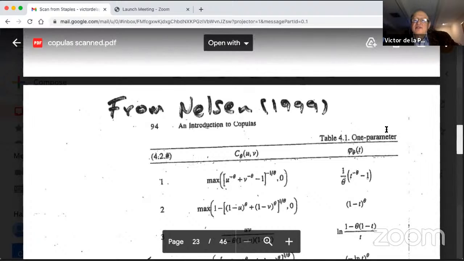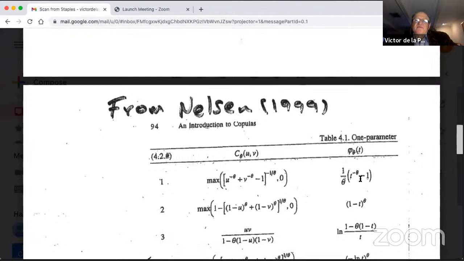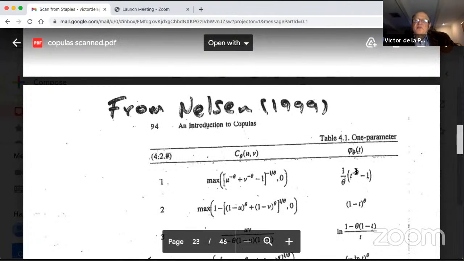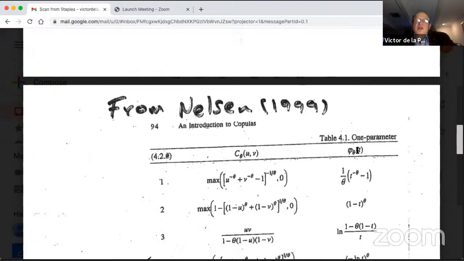When t is equal to 1, this is equal to 1, and then minus 1, that's 0. Okay, so this is the appropriate generator. And the copula is the maximum between (U to the minus theta plus V to the minus theta minus 1) to the power of minus 1 over theta, and 0. That's the copula.